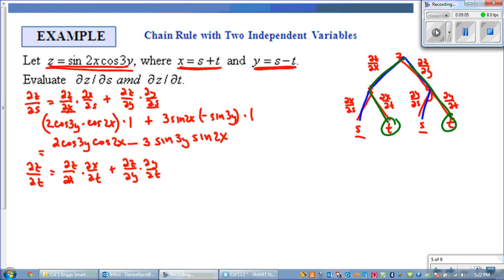So I might leave this as the partial of z with respect to s equal, I'm just going to change the y and the x here using these two equations: 2 cosine of 3 times the y, cosine of 2 times the x, minus 3 times sine of 3 times the y, sine of 2 times the x.